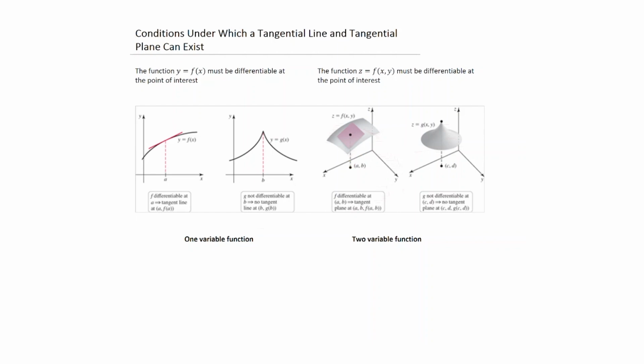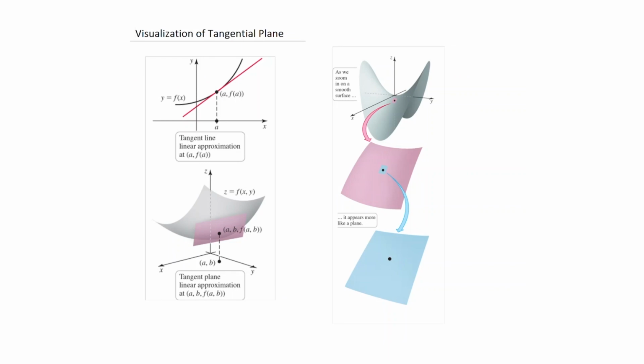Okay, so next would be visualization of the tangential plane. On the left here, this is the 1D, one variable case. This is going to be just a linear approximation about this operating point. Even if I take this curve and investigate how it changes in the limit, in this area it would be basically a straight line.